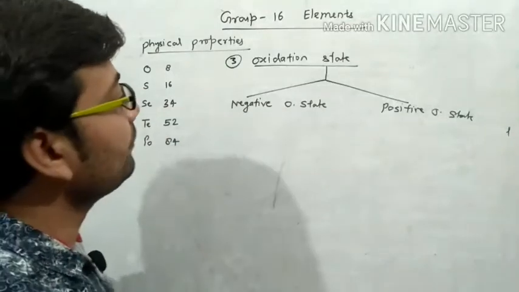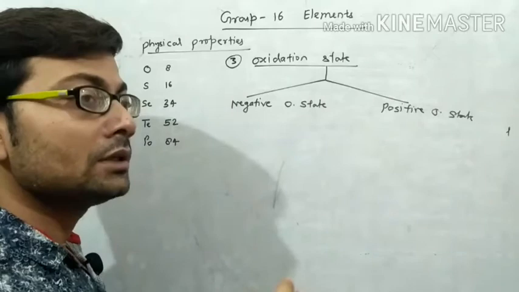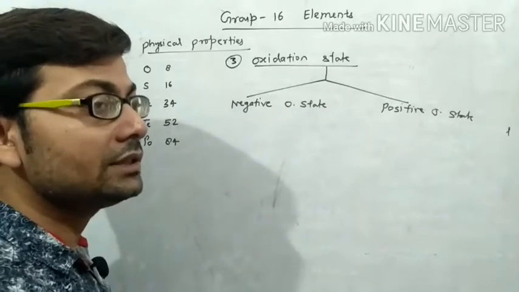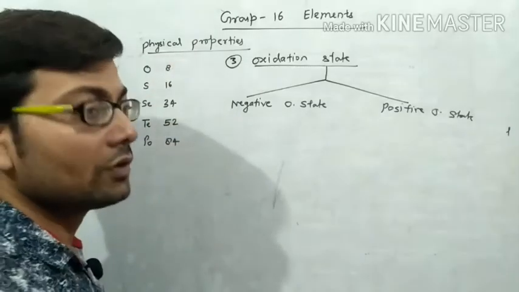Oxygen has very different properties as compared to the other elements due to the absence of d orbitals as well as the small size of oxygen.